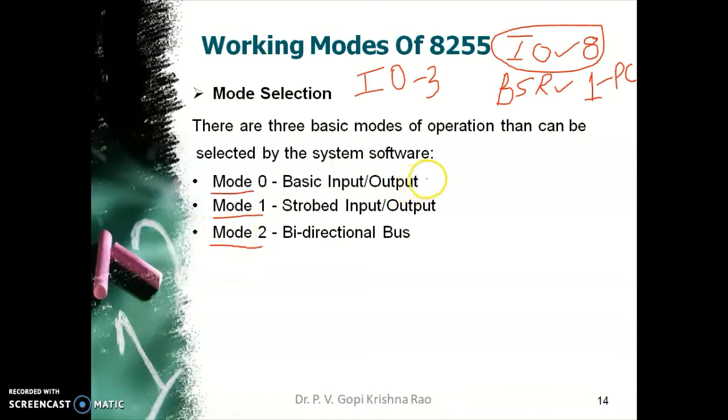Mode 0 is called basic input output mode. Mode 1 is called strobed input output mode or handshake input output mode, and mode 2 is a bidirectional bus where only port A can be used. We will look in detail at the functionality of 8255 in mode 0, mode 1, mode 2.